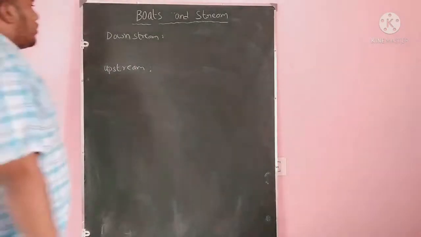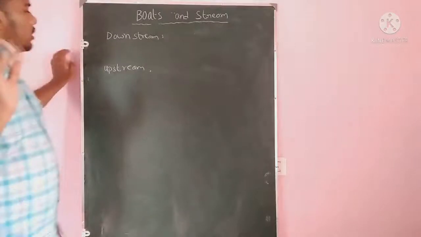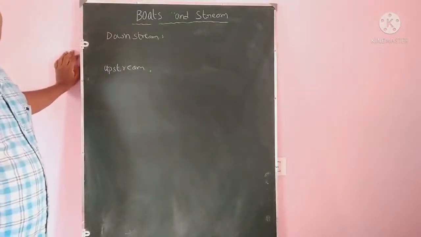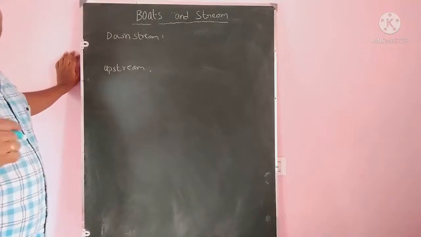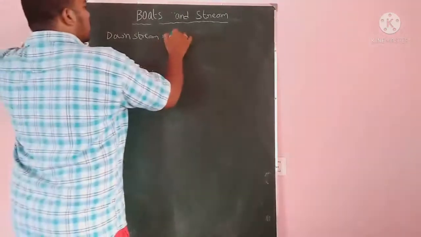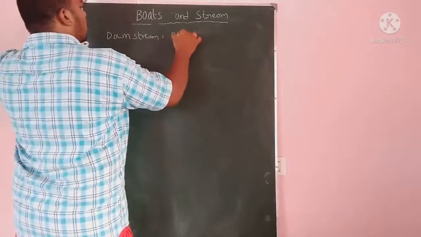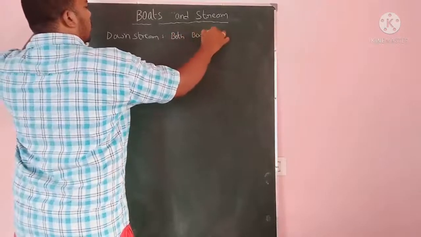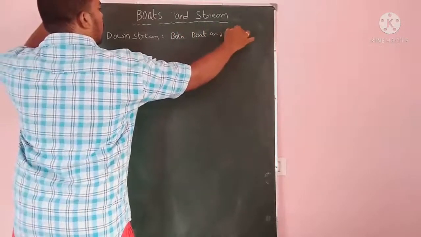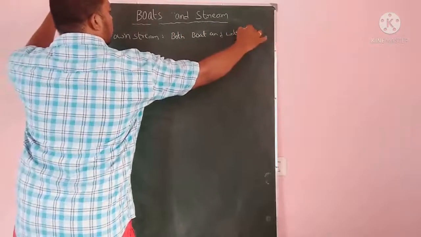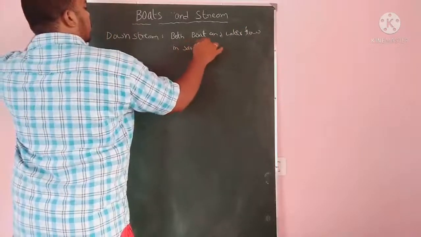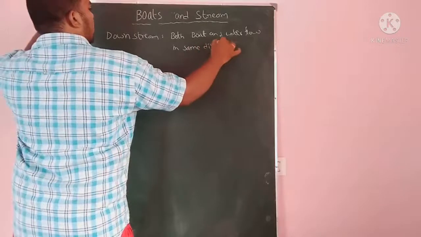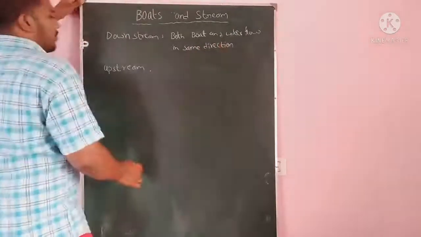Downstream means the boat direction and the water direction are the same. That means both the water and boat are moving in the same direction. So both boat and water flow in the same direction. That case is known as downstream.